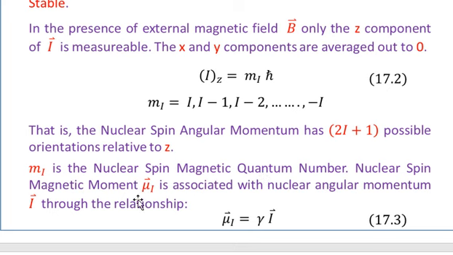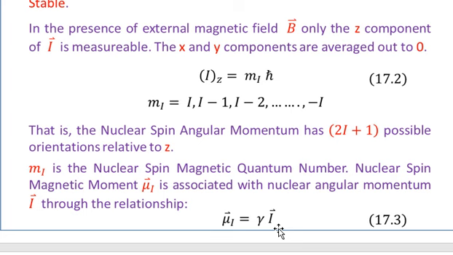Nuclear spin magnetic moment mu I is associated with the nuclear spin angular momentum I through the relationship as given in equation number 17.3. That is, mu I is equal to gamma times capital I. So you see that this is a vector equation.